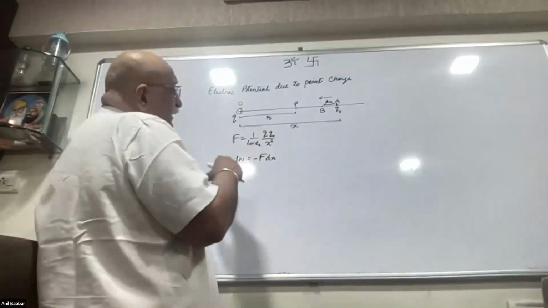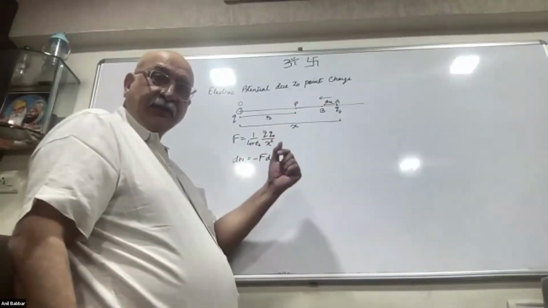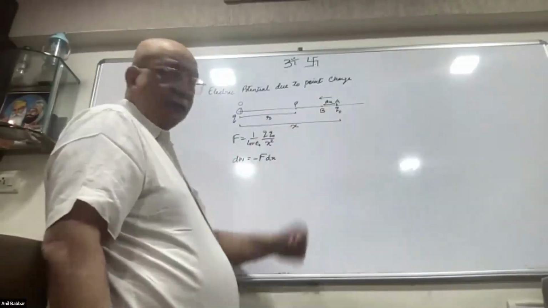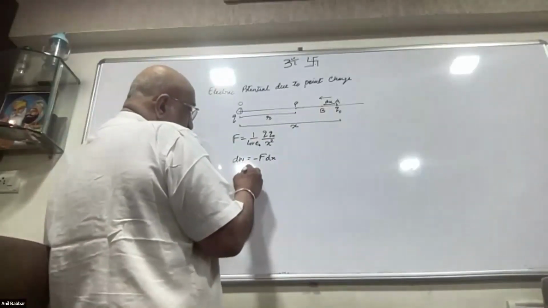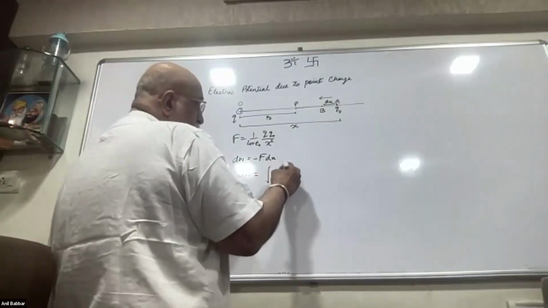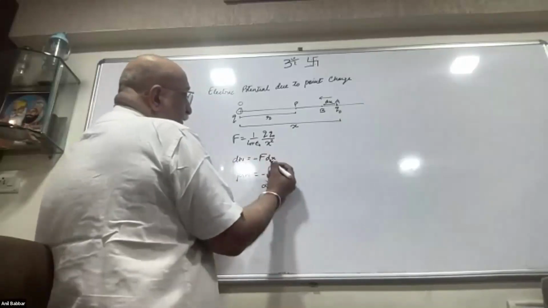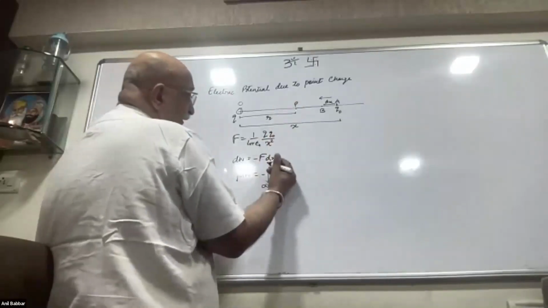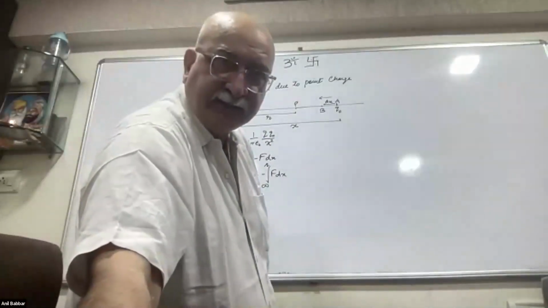And the total work required to move this charge Q naught from infinity to that point P is given by integrating this from infinity to point P, which is located at distance R.